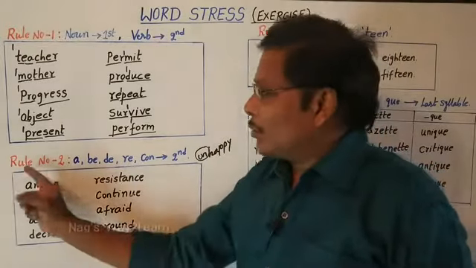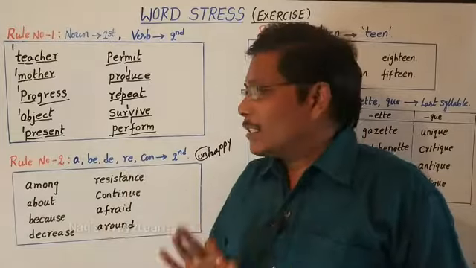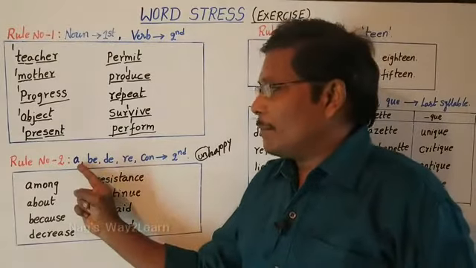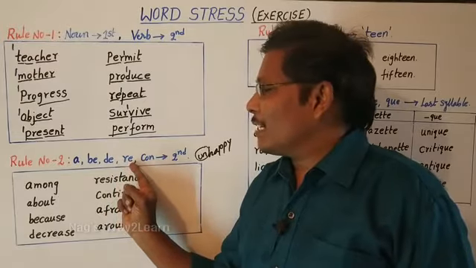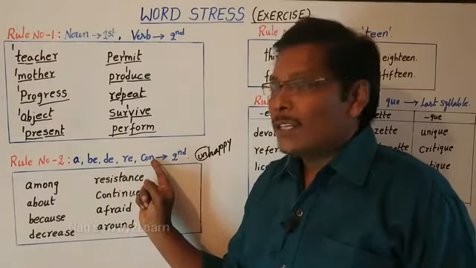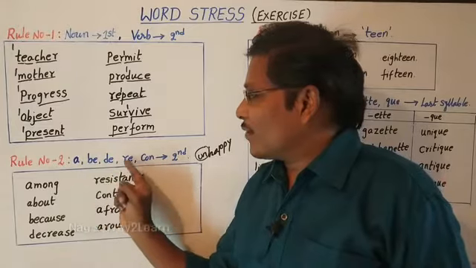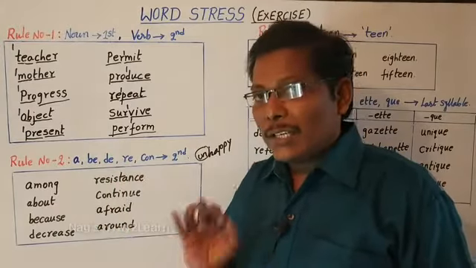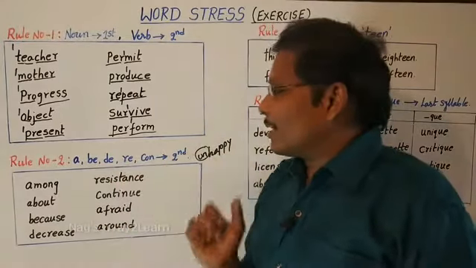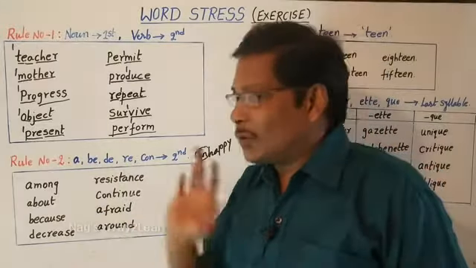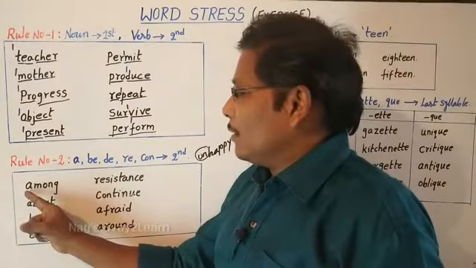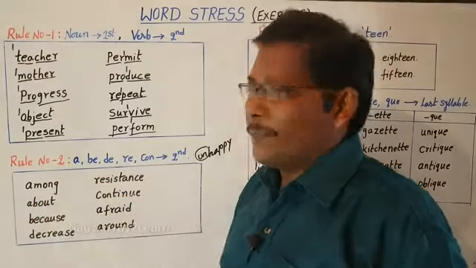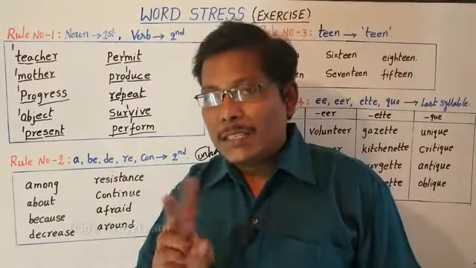Okay, so in rule number 2, if you find prefixes like a, be, de, re, con, if you find this kind of prefixes, then the stress will be on the second syllable of the word. This is the second rule. For example, you see the word among. This is a disyllabic word.